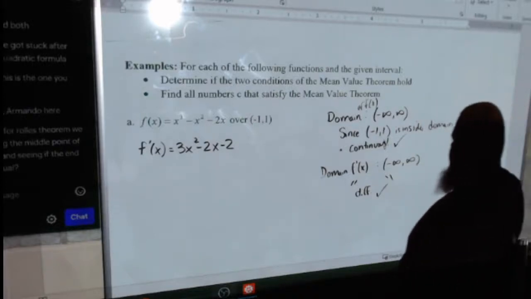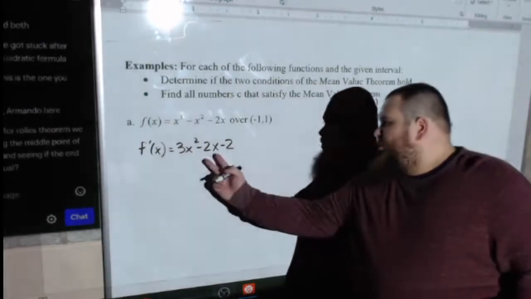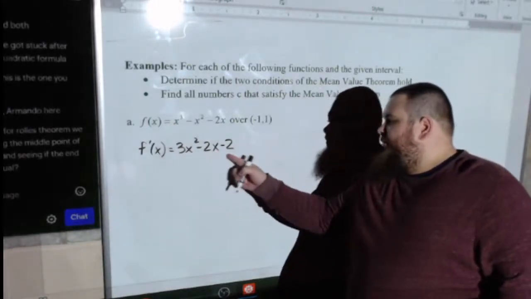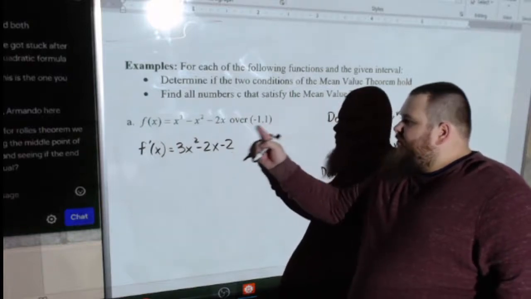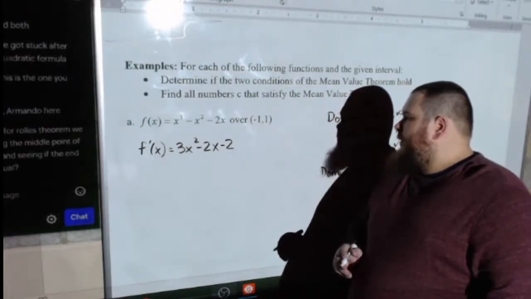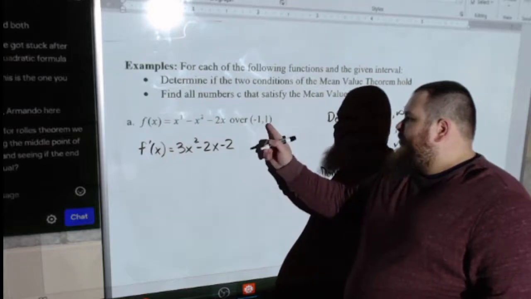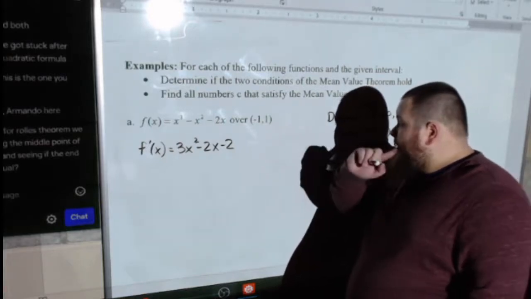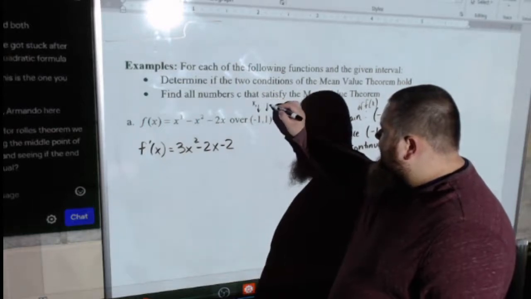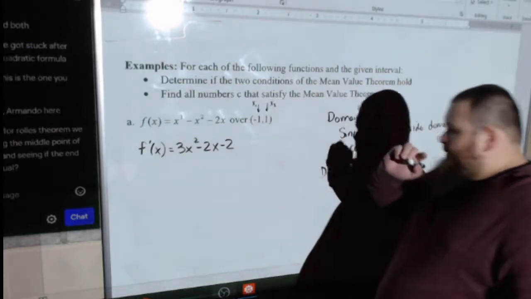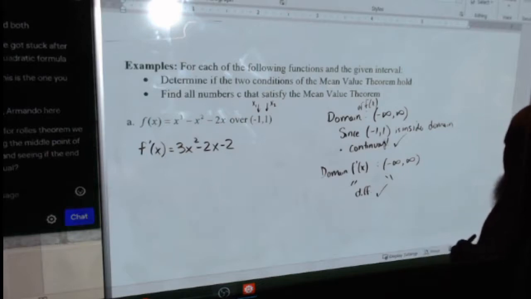Now the theorem says there must be some point where the derivative equals the slope between these two endpoints. So let's find the slope here. To do that, this is, say, x1 and this is x2. Well, we still need y1 and y2.